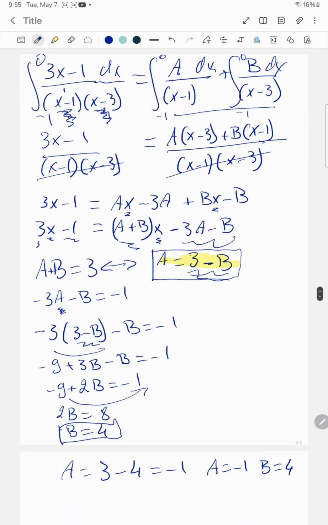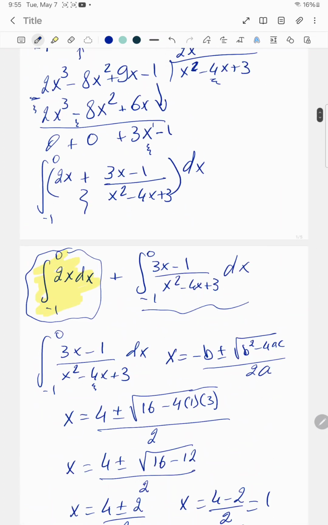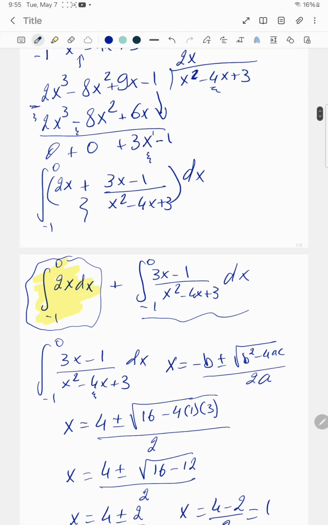So I will take that integral and I replace A by its value. Let's not forget the first one that we highlighted, between minus 1 and 0, 2x dx, plus this.